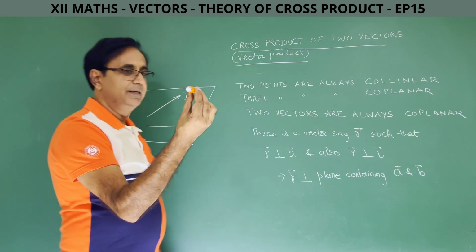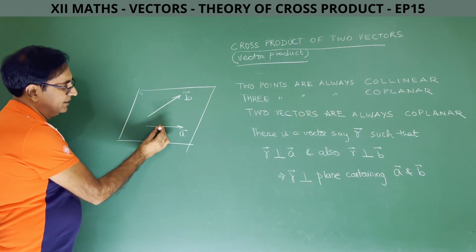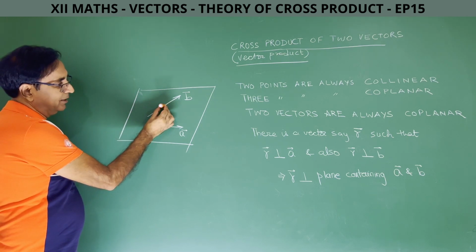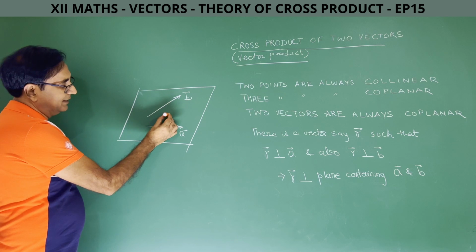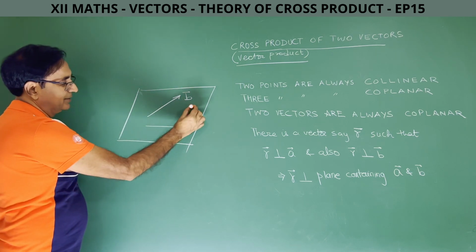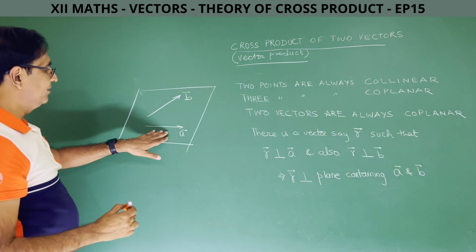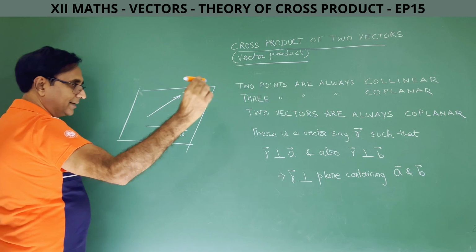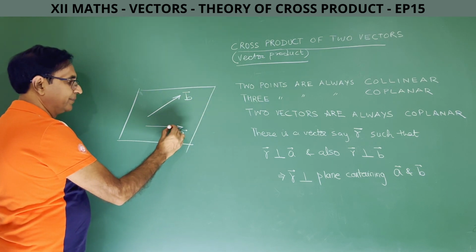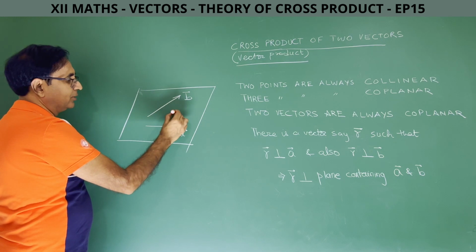So this vector R is perpendicular to A. Vector R is also perpendicular to B. So you can see that vector R is perpendicular to the plane containing A and B. See, this parallelogram I have drawn is a plane which contains vector A and vector B. My vector R is perpendicular to A and also to B, so it is perpendicular to the plane containing A and B.